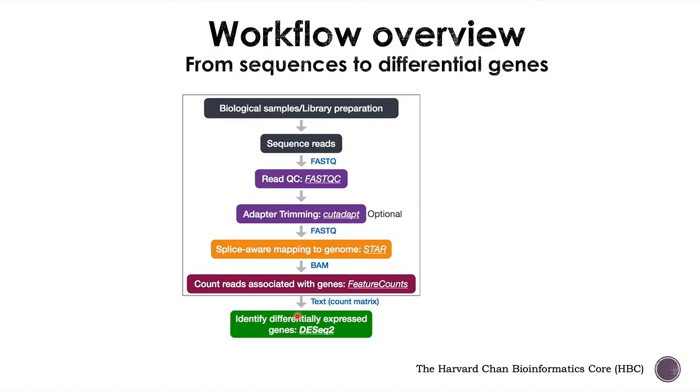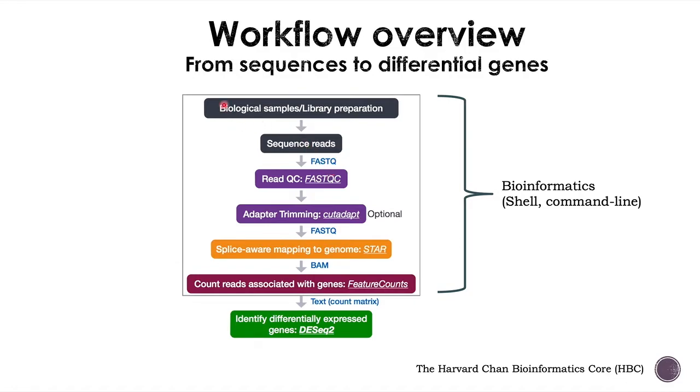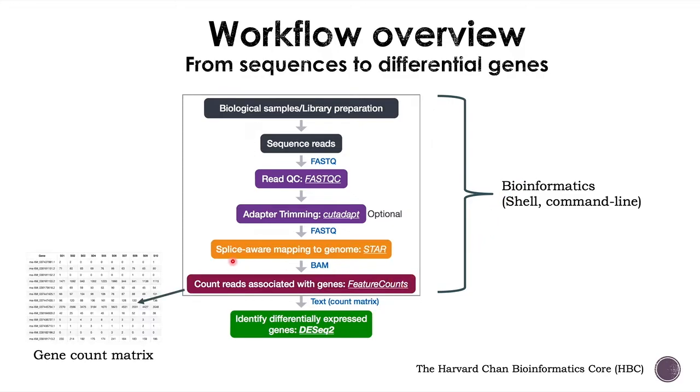So the counting procedure will generate a count matrix, and this is the one that you will use for differential expression with DESeq2. All these steps from making the library and sequencing the reads, until counting the reads for the genes, are the bioinformatic section of the RNA-seq pipeline, while the count matrix and the data analysis will happen in R, and these are downstream steps.